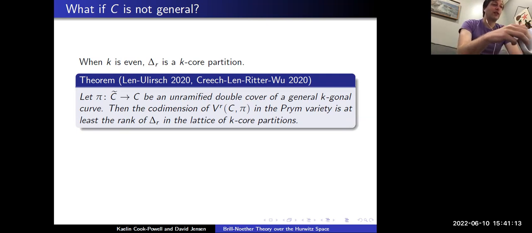If you have an unramified double cover of a general k-gonal curve, the way that I've written this only makes sense when k is even, but they have a result for all k. Then the codimension of the Prym-Brill-Noether variety in the Prym variety is at least the rank of this partition delta R in the lattice of k-core partitions.